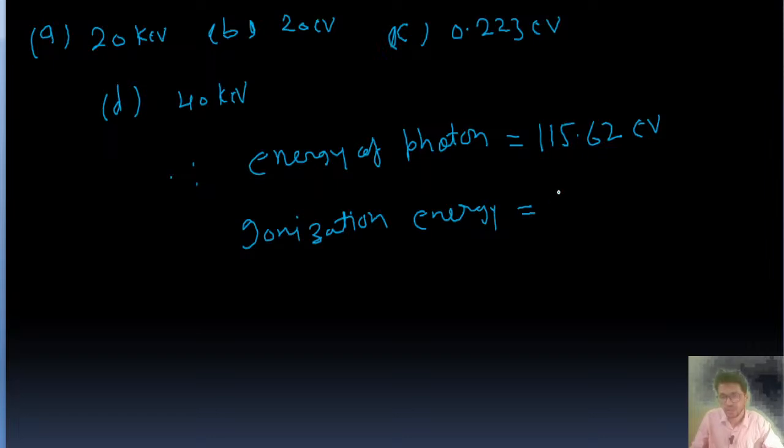So the energy of the emitted photon is 109.2 kilo electron volt, due to the jump of the L shell electron into the K shell, plus the ionization potential of the L shell.